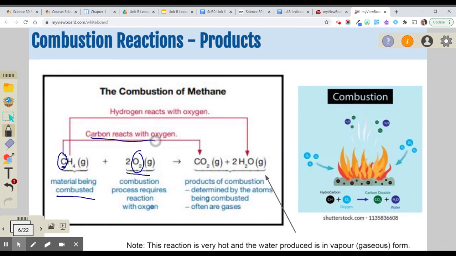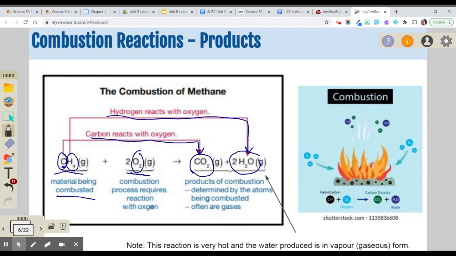So carbon reacts with oxygen, that's where this carbon dioxide comes from. And then when the hydrogen in our hydrocarbon reacts with the oxygen, that's where the water, H2O, comes from. So whenever you have a combustion reaction with a hydrocarbon reacting with oxygen, you're always going to get carbon dioxide and water, as long as you have full, complete combustion.